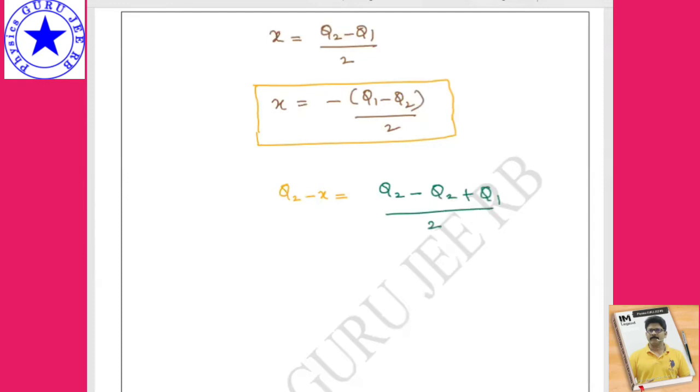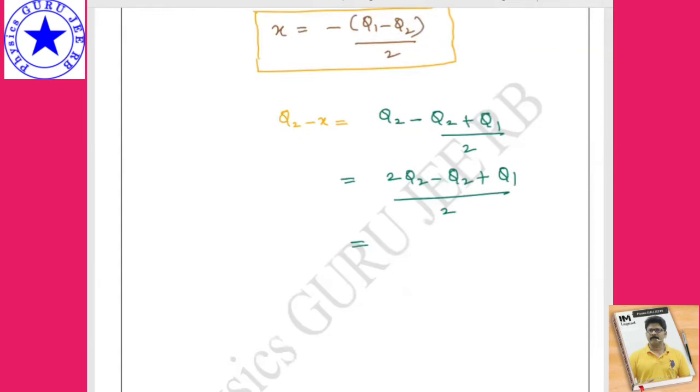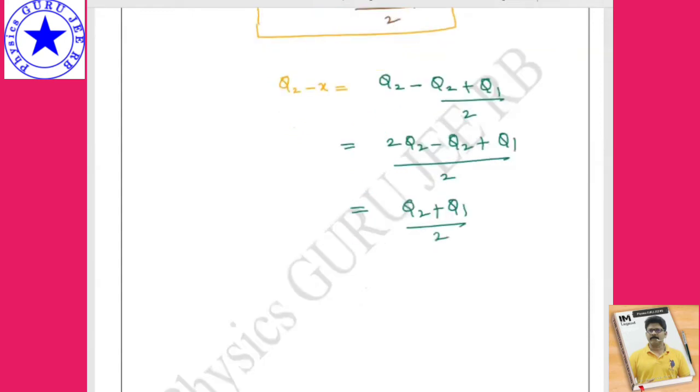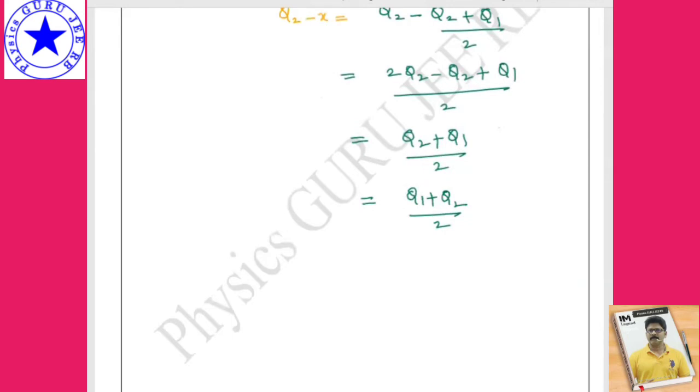So it is nothing but divided by 2, which will be 2q2 minus q2 plus q1 divided by 2. Or simply I can write q2 plus q1 divided by 2. So q1 plus q2 divided by 2 is outside, that is q2 minus x in the brackets.